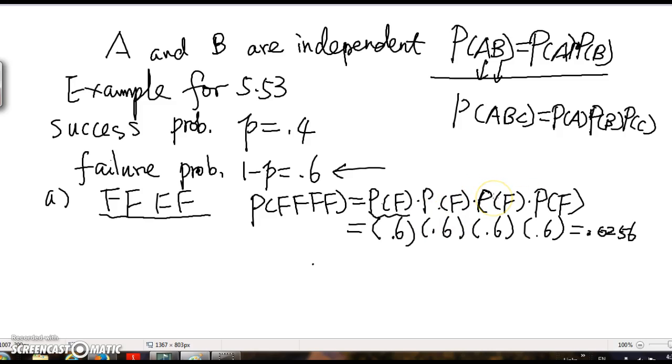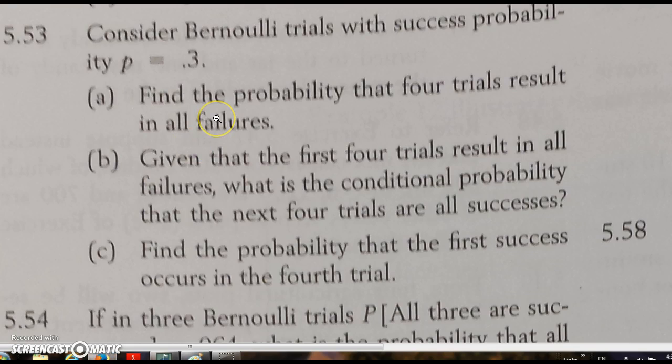Now next, we're going to look at part B. Part B says, given that the first 4 trials result in all failures, what is the conditional probability that the next 4 trials are all successes? I'm going to change this problem to 3 trials. The first 3 trials result in all failures, and we try to find the conditional probability that the next 3 trials are all successes.